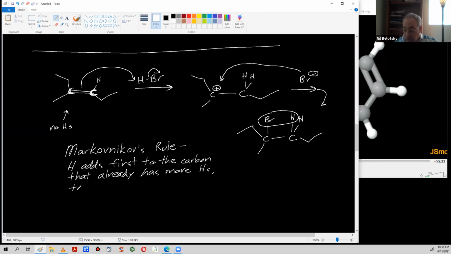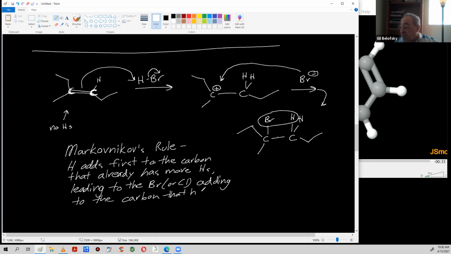Leading to the bromine or chlorine adding to the other carbon, the carbon that has fewer H's.